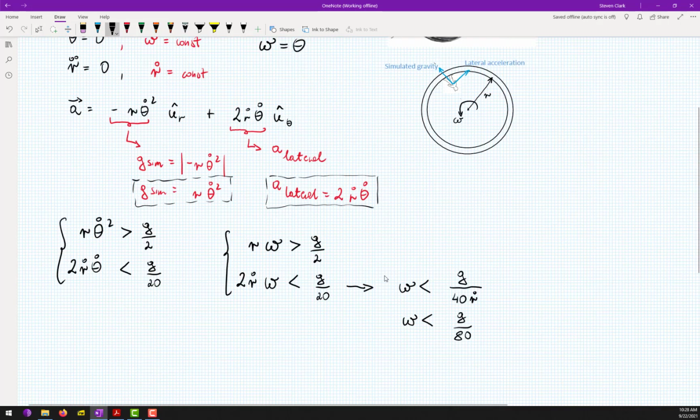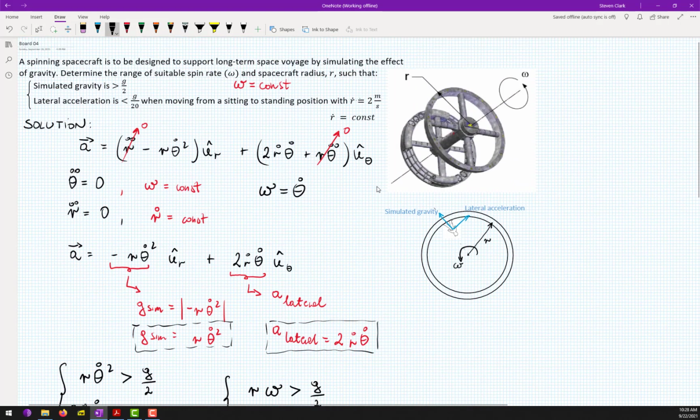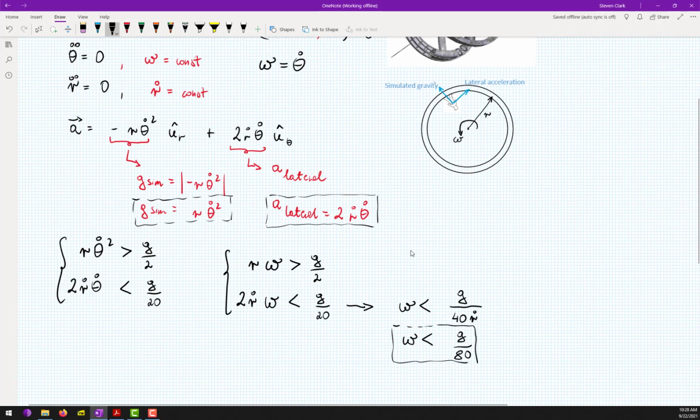And this is one of our requirements. We found the requirement for omega. And this is what they are actually asking us for. We are getting closer to the solution because they ask us to find the ranges of suitable spin and radius. Okay, so we already found a range for our omega. We found a range for our suitable spin.